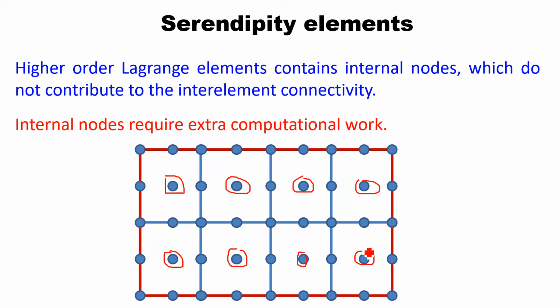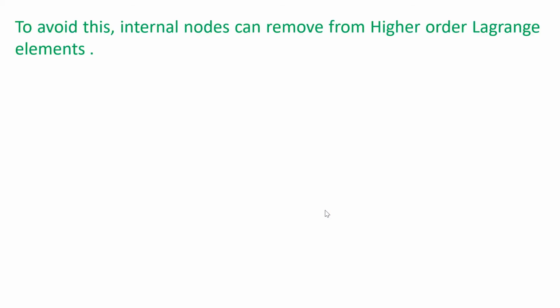So it is better to ignore these internal nodes. If you remove these internal nodes from the element, nodes will be on the edges only. This is itself the definition of serendipity element: elements having nodes only on edges are called serendipity elements.